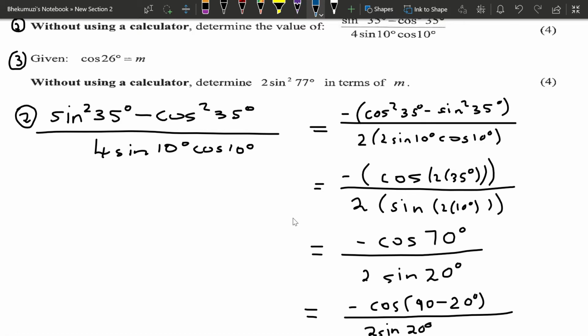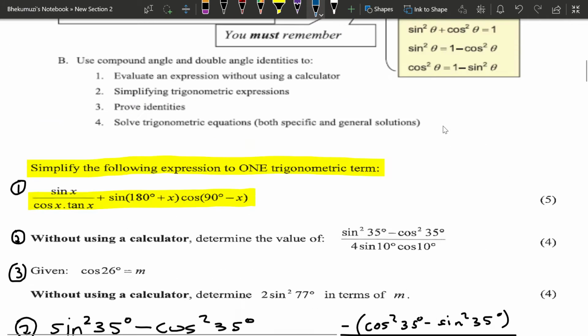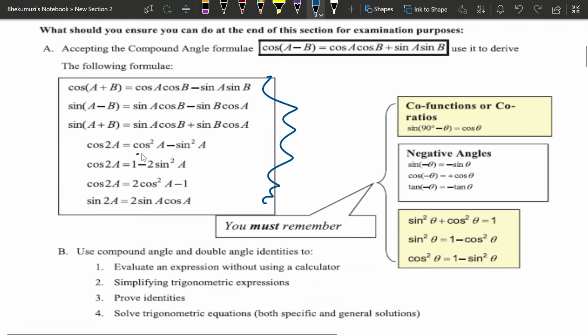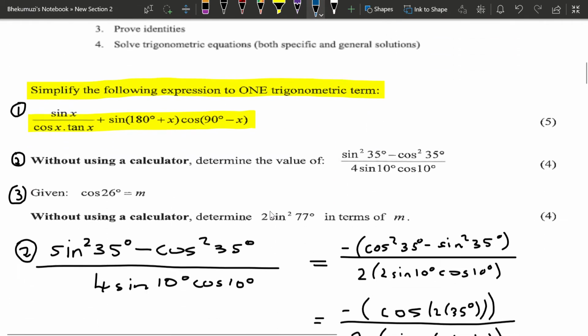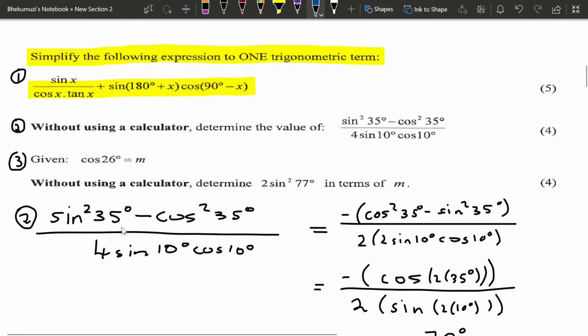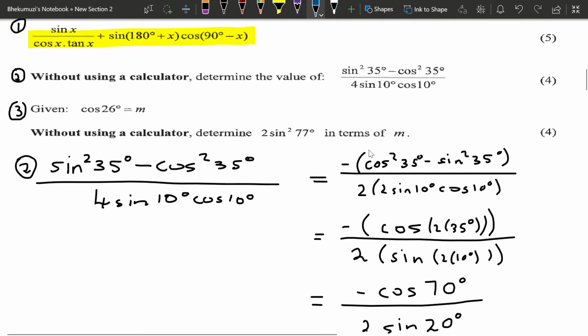The first thing that we need to do is take out the subtraction, so we can have cos²35° − sin²35°, which is the same as this one. At first you had the sine in front and the cos at the back, and the cos had a negative, so you had to remove the negative. So now we'd have cos²35° − sin²35°.